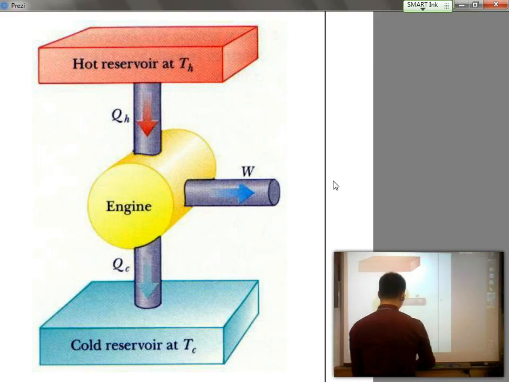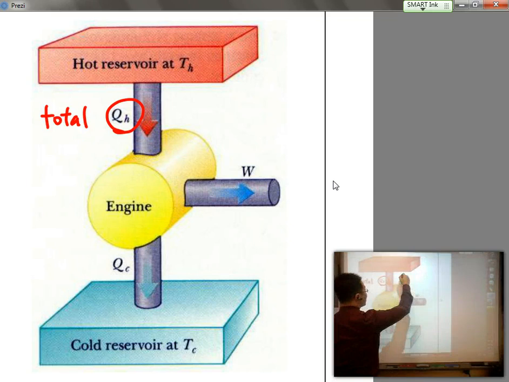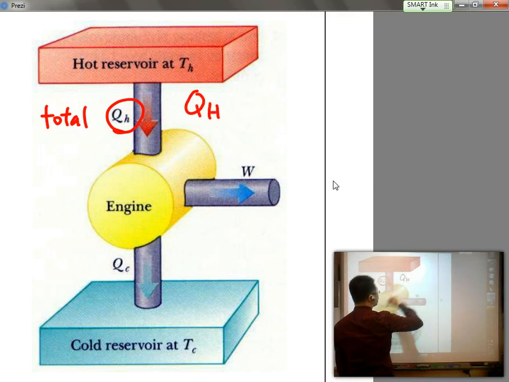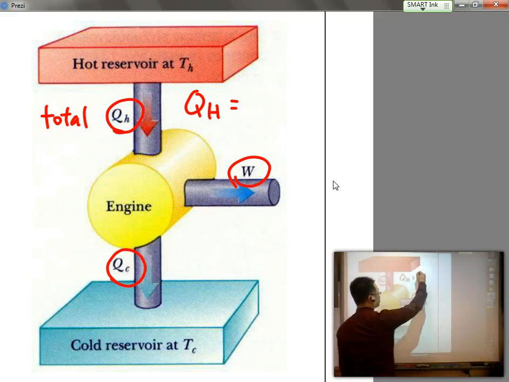Now, what I would like to point out, however, is that in terms of energy, QH is the total energy going in. So that means that QH is equal to some work that's being done and whatever energy is being left over.